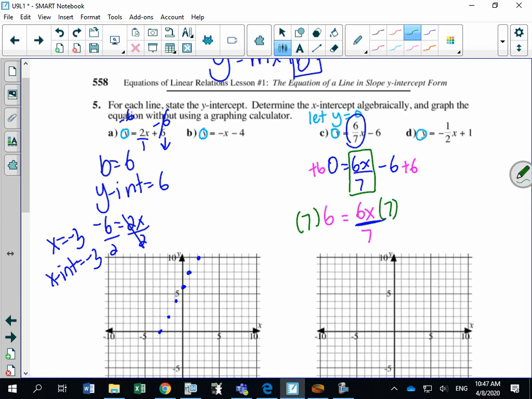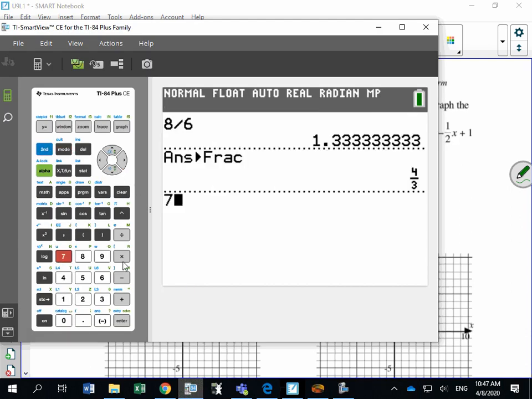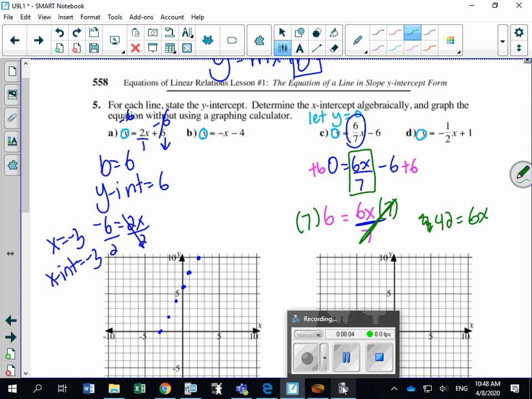It's multiplying both sides by 7. Okay? If you need to use your calculator, what is 6 times 7? That's going to be your left-hand side, or 7 times 6 is 42. So then 42 is equal to 6x. Isolate x by dividing both sides by 6, and you have your x-intercept. And that will conclude the first lesson of the next chapter.